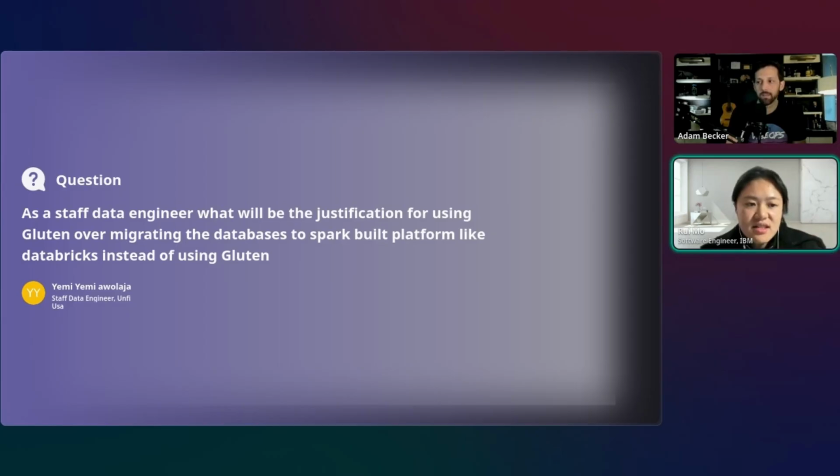And the second is Velox and Gluten are both rapidly developing open source projects. So if there are any optimizations or ideas that might help both the community and the customer workloads a lot, it adapts fast to the new technology, to the new ideas.